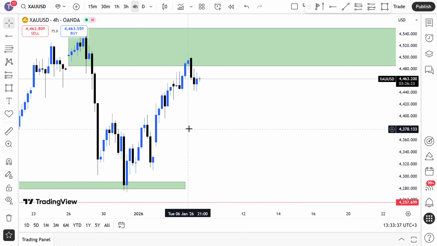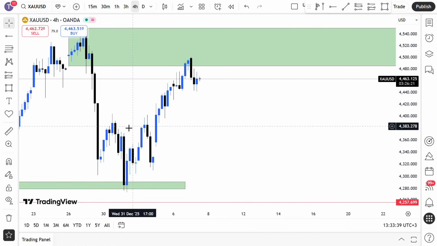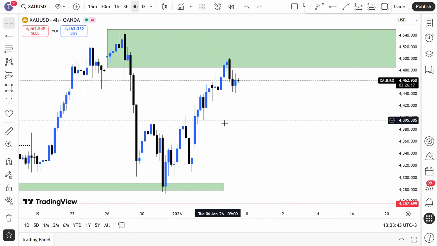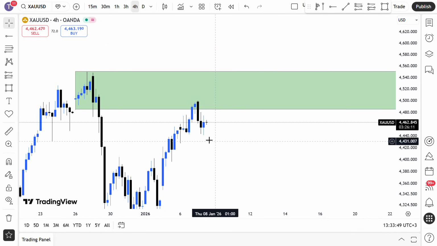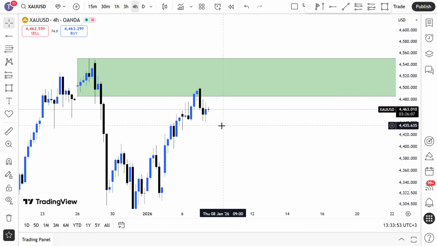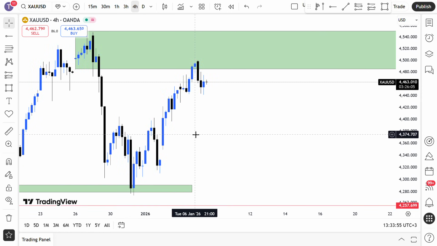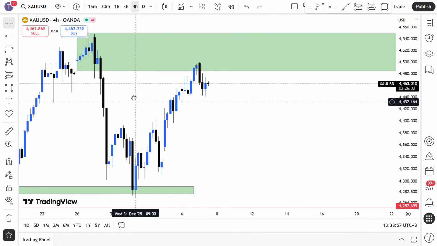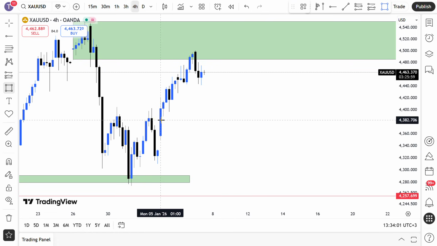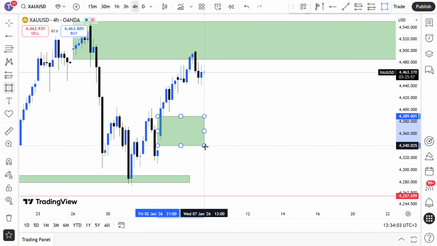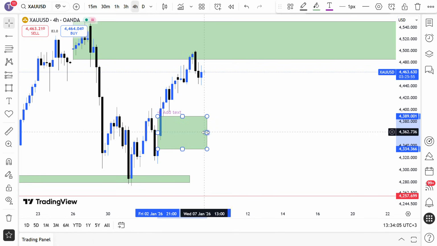And in case price will be looking to come even lower, we will have a very good retest of this neckline before we look for more buys to the upside. But currently, gold is very, very bullish, and I expect you guys to be looking for buys to the upside. Before I go down to the 1 hour time frame, we have this fair value gap that was left behind there.